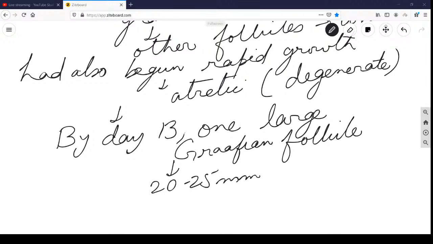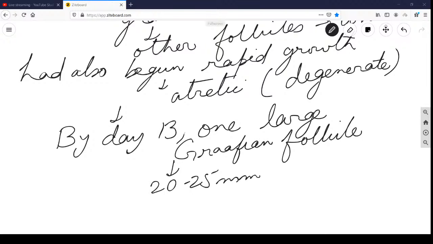Suppose in this month your left ovary is ovulating, the next month your right ovary would be ovulating, and this cycle continues. The regulatory pathway is still under study by the researchers, but this is the thing that occurs. So only one Graafian follicle remains in the end, and that too in one ovary, which is 20 to 25 mm in diameter.